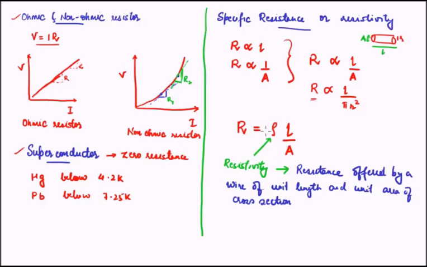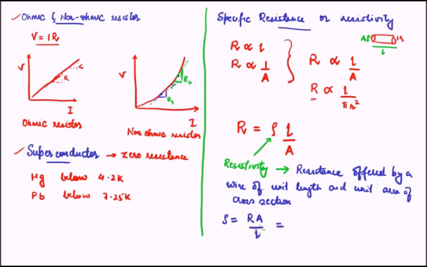Let us see the units of resistivity. We can write resistivity rho as resistance times area upon length, right? We just cross multiplied it.